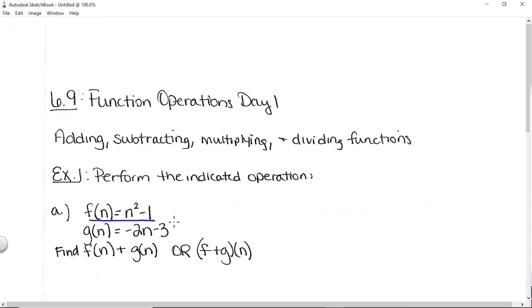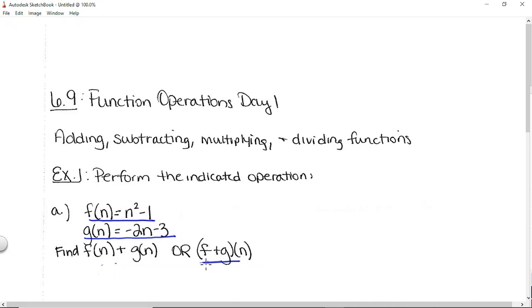Let's look at example 1. I think that will help. We have the function f of n. We also have the function g of n. And we're asked to find f of n plus g of n, or f plus g of n.